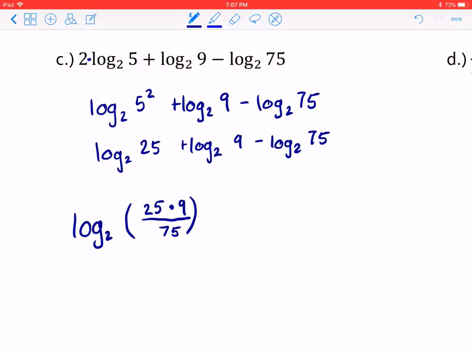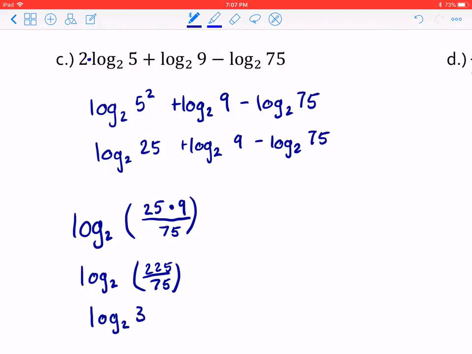Well, there's no symbols in here, there's no variables, so we can actually further simplify this. So we have 9 times 25, which is going to be 225. So log base 2 of 225 divided by 75. Okay, 225 divided by 75, well, that's just going to be 3. So we'd have log base 2 of 3.